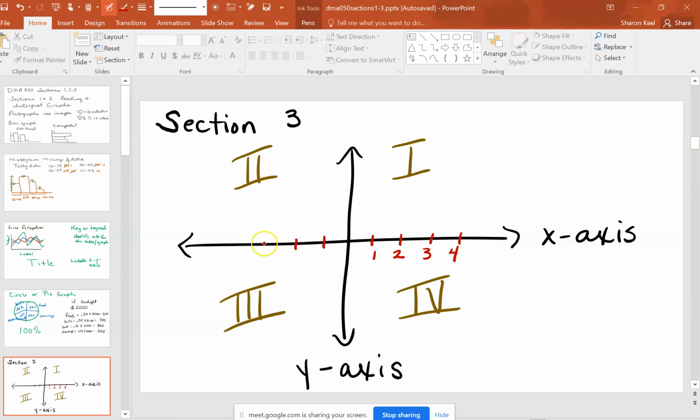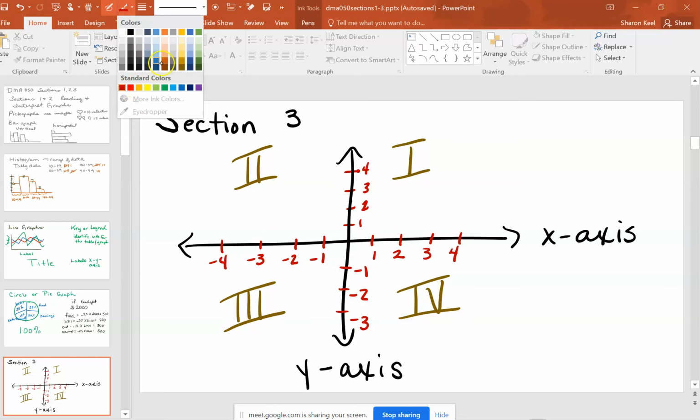As you go left on the x-axis, your numbers are negative and are smaller as you go to the left. As we go up on the y-axis, our numbers are positive and increasing. As we go down, our numbers are negative and decrease.